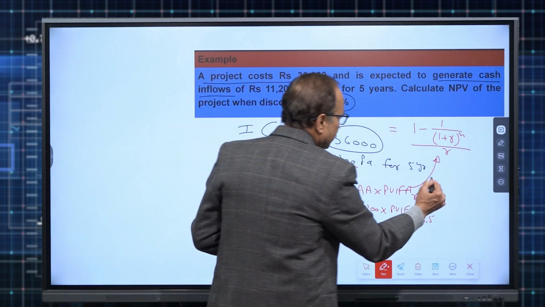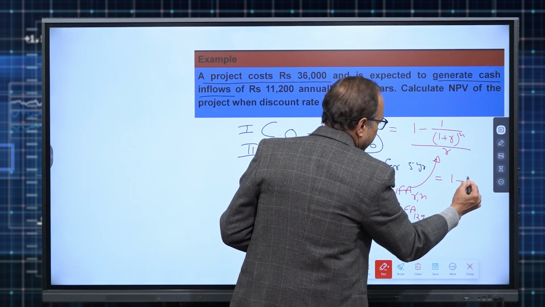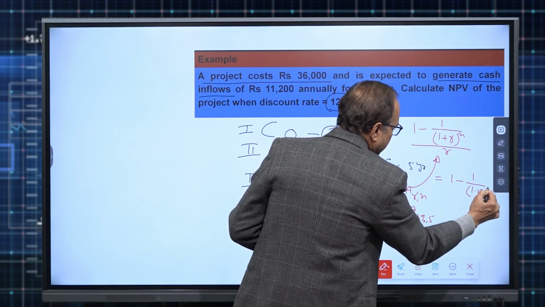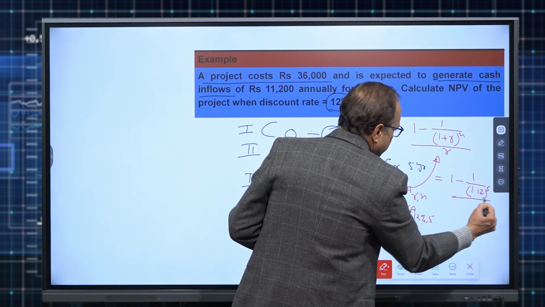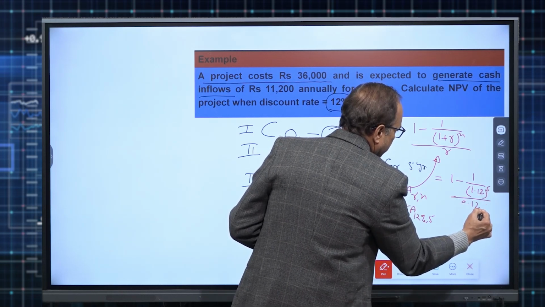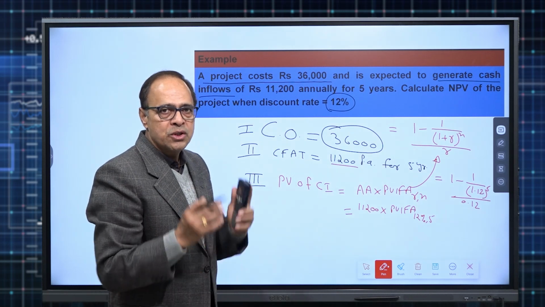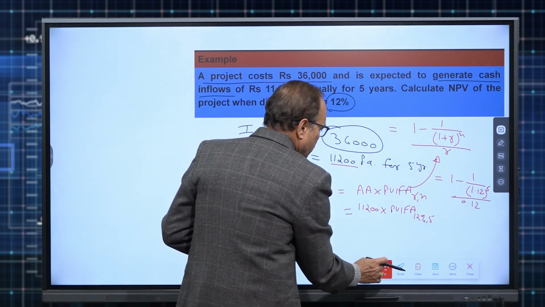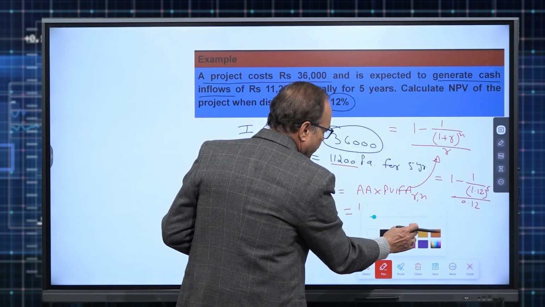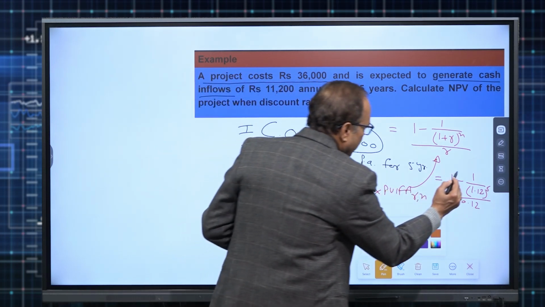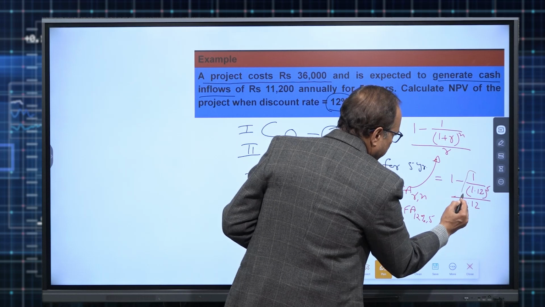If I plug in the values, 1 minus 1 upon 1.12 because my rate is 12% and duration is 5 years. Result of that equation is divided by 0.12. Again a recap of how to solve this equation. Always remember, make a solution of this particular part first.